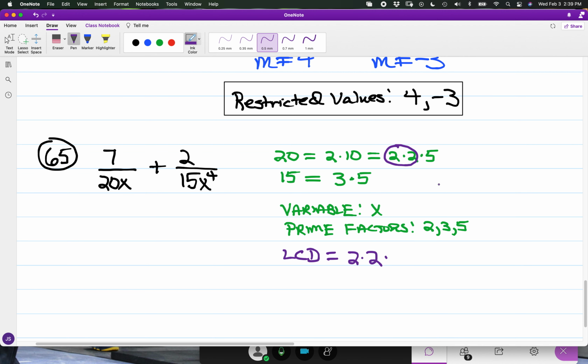The number 3 comes only from 15. And 5 appears at most once from the factorizations involved. With the variable factor, you have x and x to the fourth, so I'm going to go with the highest degree. So the least common denominator: 2 times 2 is 4, times 3 is 12, times 5 is 60, and times x to the fourth.